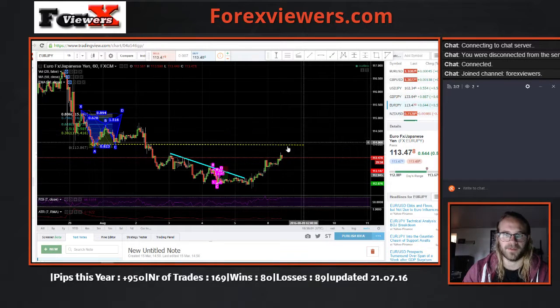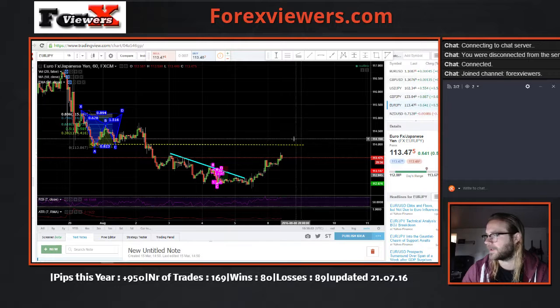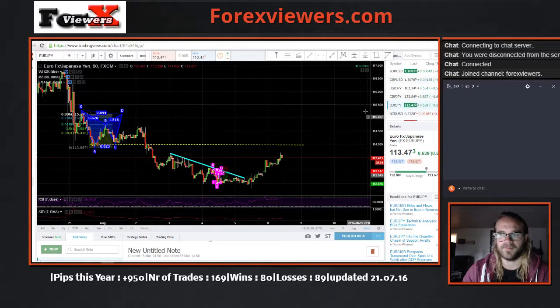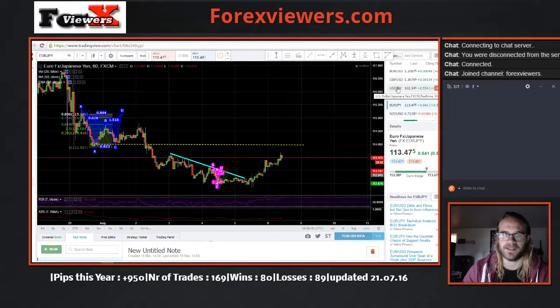Not concerned, but this will be an opportunity for a short as well. All the things are on those yen pairs. Everything is kind of indicating a short here after some push to the upside.